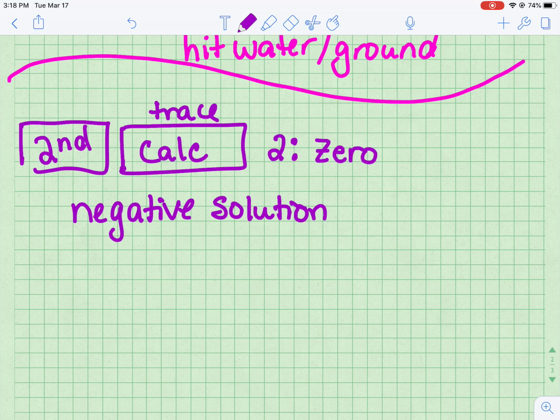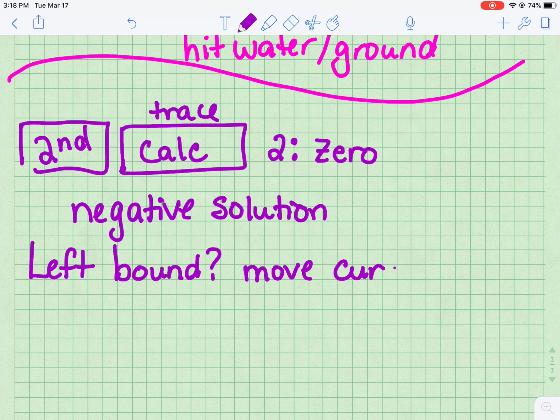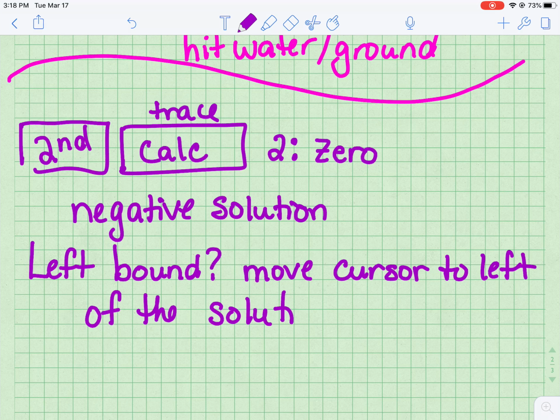And just like with a vertex, the first thing it's going to say is left bound. So you move your cursor to the left of the solution on which you are focusing.